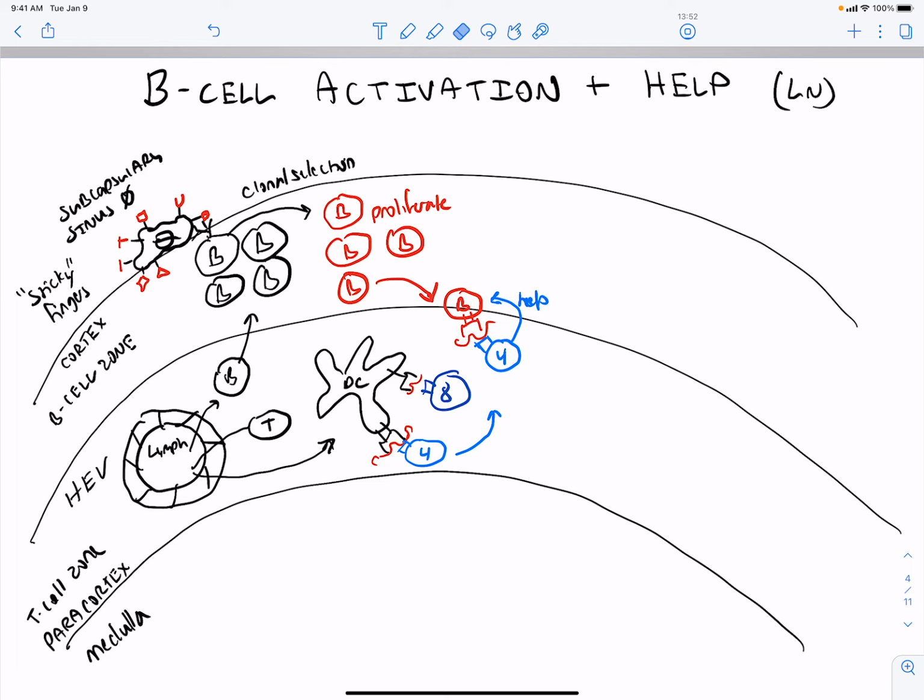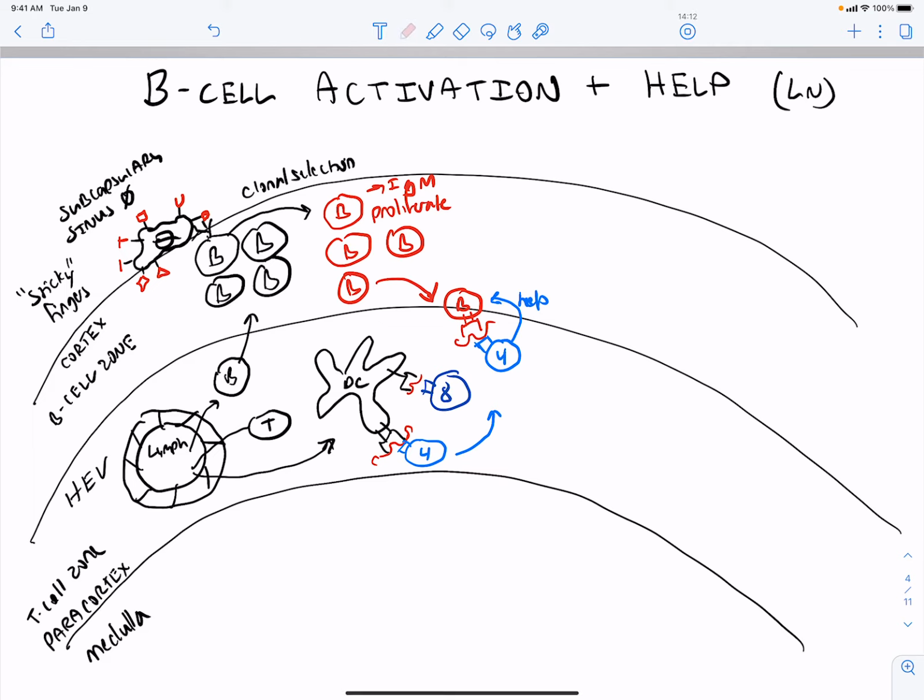Now a few things are going to happen with the B cell, and it's a process that's very involved, and this is why it takes a long time. So this guy will be making IgM until after help.